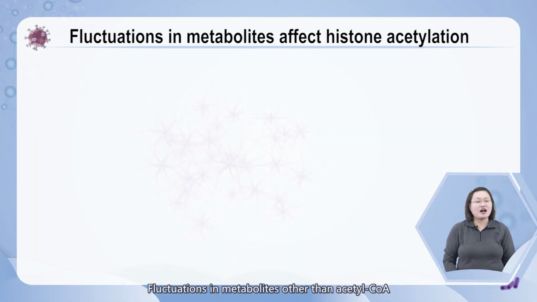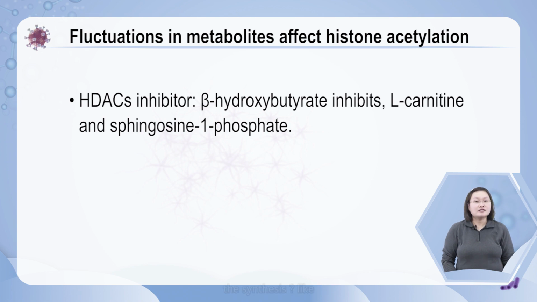Fluctuations in metabolites other than acetyl CoA also affect histone acetylation, hence impacting transcription both quantitatively and qualitatively. Besides feeding the TCA cycle, some metabolites like hydroxybutyrate inhibit HDAC1, HDAC2, and HDAC3. Along similar lines, L-carnitine and sphingosine 1-phosphate favor histone acetylation by operating as HDAC1 and HDAC2 inhibitors.